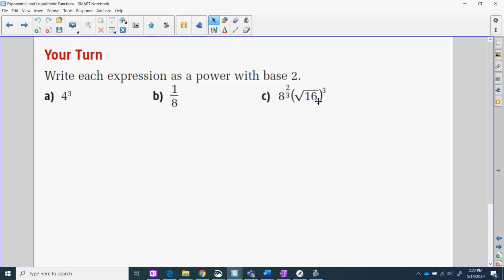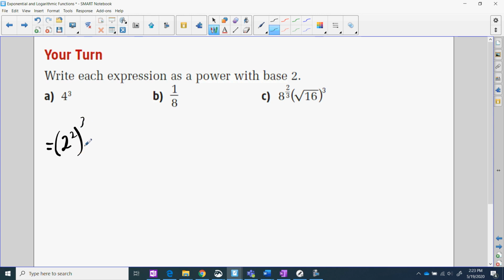As you can see in all three examples, A, B, and C, the only numbers involved in the expressions are powers of 2. So the first thing I would do here is change the number 4 into its particular power of 2, which in this case is 2 squared. There's 4 cubed.